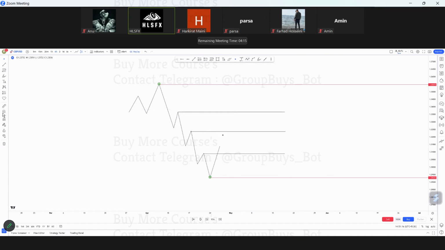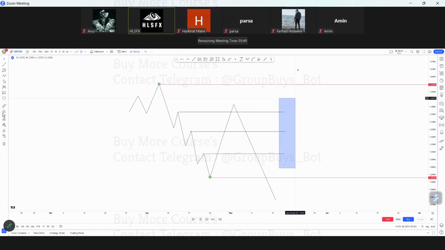If price broke this, it goes for the external range. If price wants to take external range liquidity, it needs to take the internal range liquidity first. This is a bearish trading range, so this is internal range liquidity. First, price will take the internal range liquidity, and then it will go for external range liquidity.